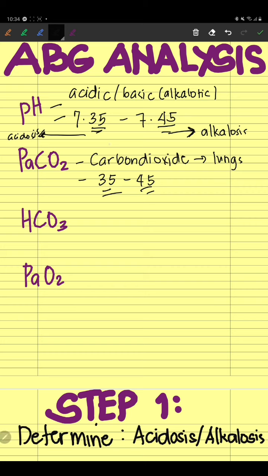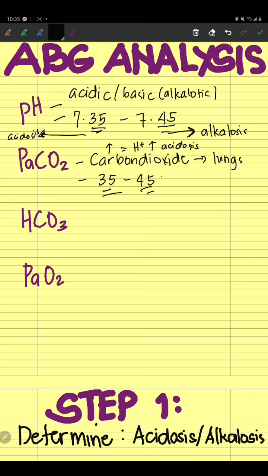Carbon dioxide, usually, the higher levels of your carbon dioxide would also be directly related with the increased amount of your hydrogen ions. And take note, since hydrogen ions are related with your acid, nagkakaroon ng acidosis. So the more carbon dioxide in the body, the more acid.